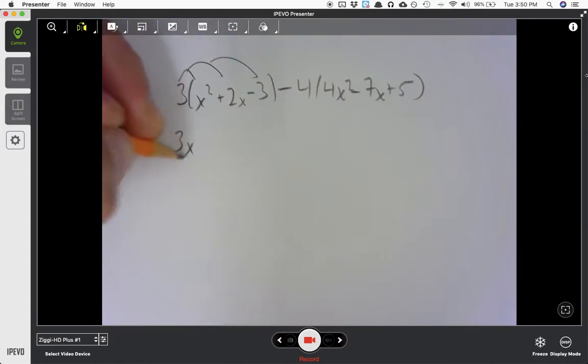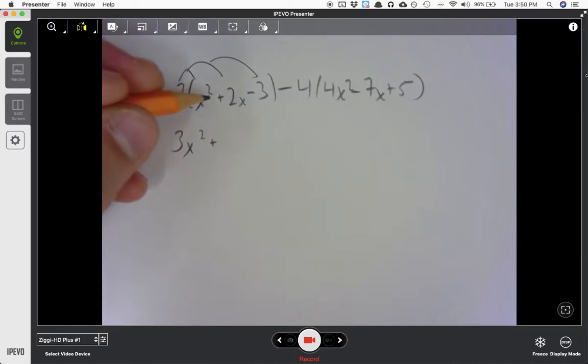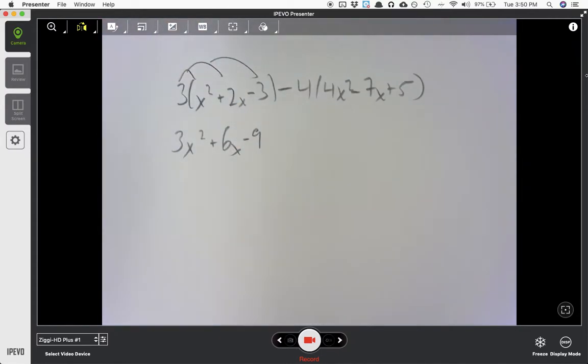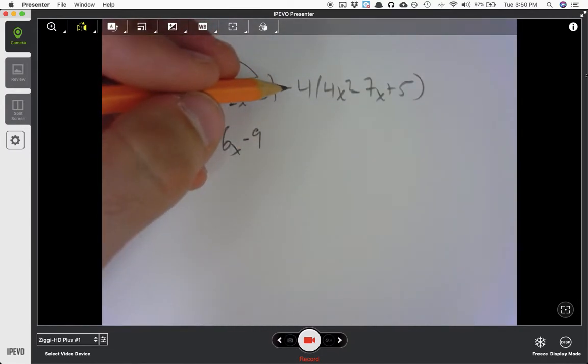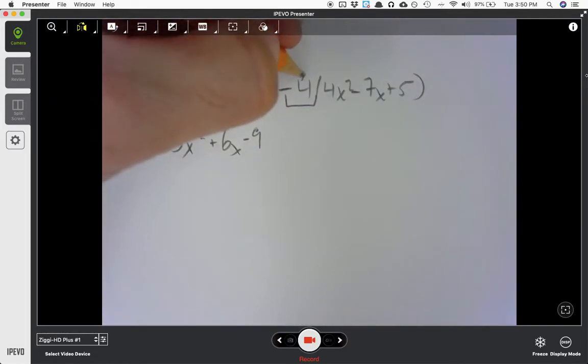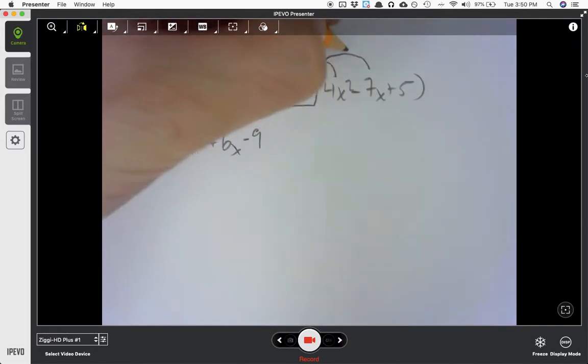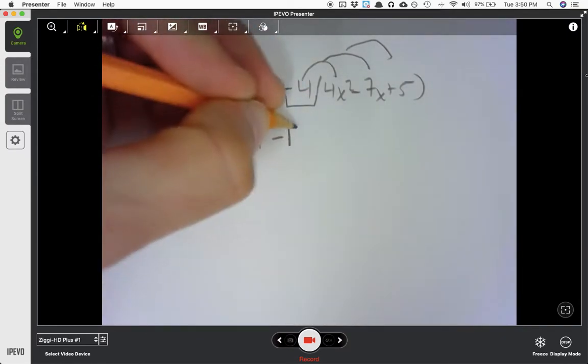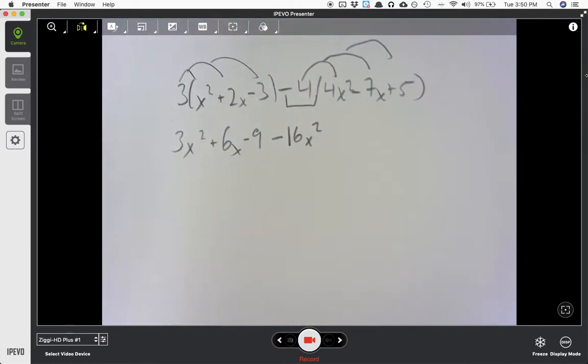This becomes 3x squared plus 3 times 2 is 6x, 3 times negative 3 is negative 9. Then I'm going to distribute the negative 4 to everybody. Negative 4 times 4x squared is negative 16x squared.